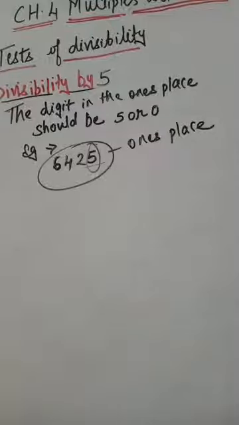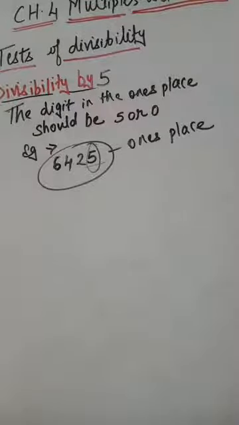Is it divisible by 5 or not? What is given in the ones place? Yes, 5 is given in the ones place. Very good. So it is divisible by 5. You are not going to do the sum.